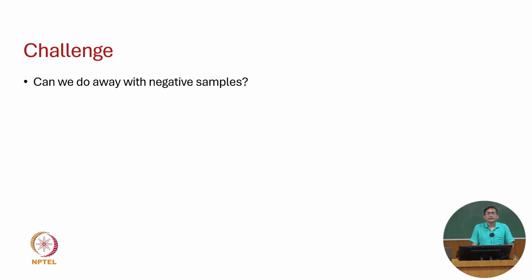They introduced particular aspects such as a memory bank to do away with large batch size, and they introduced particular modifications in the architecture itself to do away even with the negative samples. So keeping those for future discussion, at this point in the course we have got the basic idea of how contrastive self-supervised learning works, and that will be sufficient for us to go forward right now.